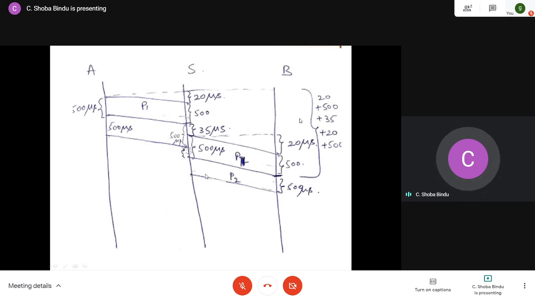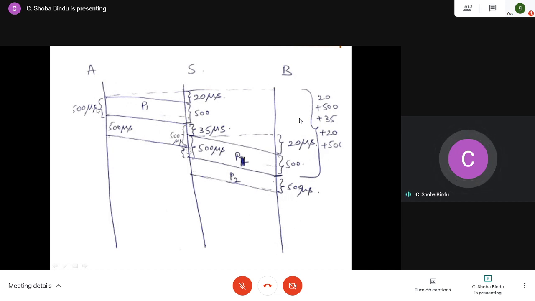So in this case you have only one packet following this packet P1, so it takes 500 microseconds more. If you have a total of n packets, the first packet takes this time, and the second packet takes 500 microseconds after this, and the third packet takes 500 microseconds after this, that is 1000. So the total will be this plus 1000.